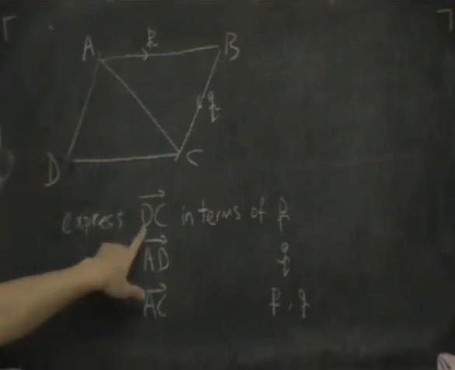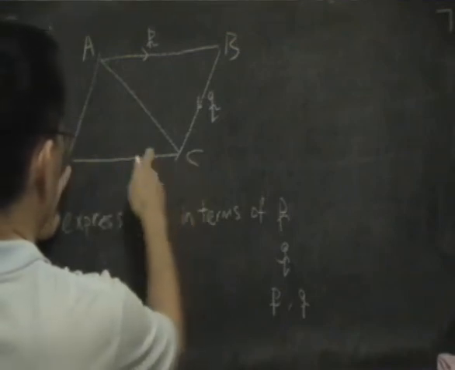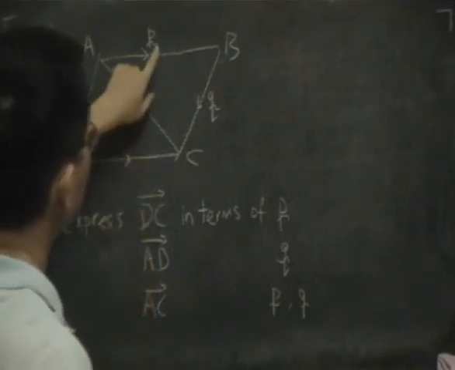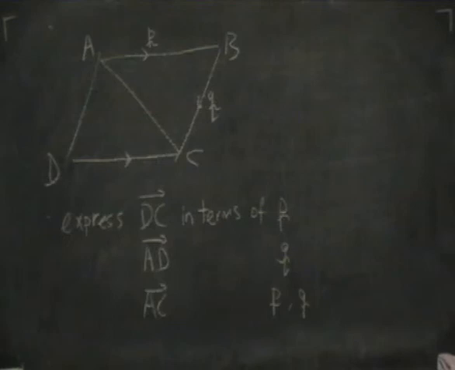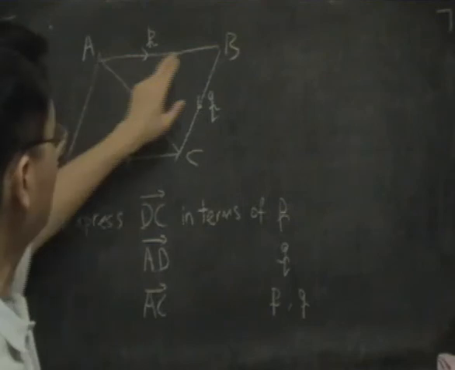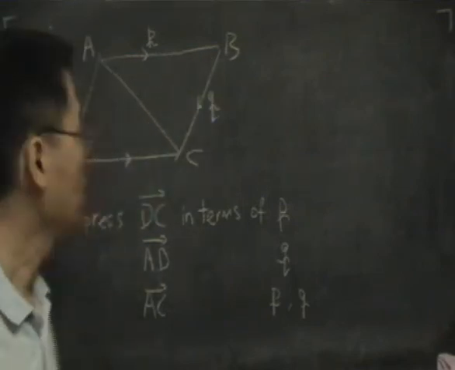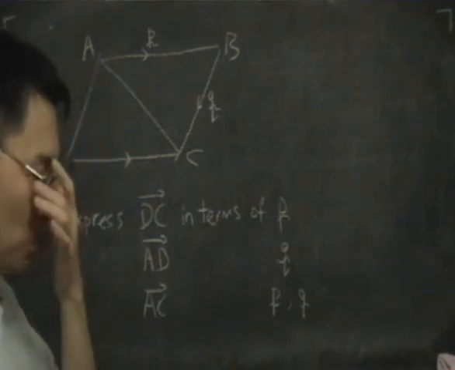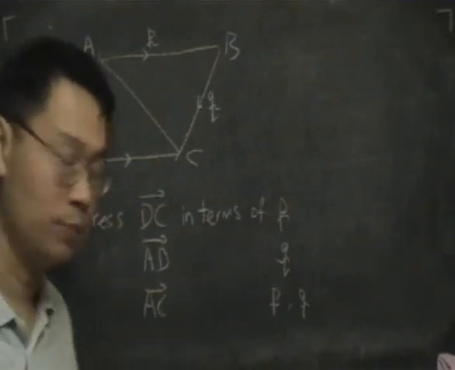So express DC. DC is this vector here. I want to express it in terms of P. Now if you look at the vector DC and the vector P, you see that they have the same direction and they have the same length. Now if two vectors have the same direction and the same length, they are equal.